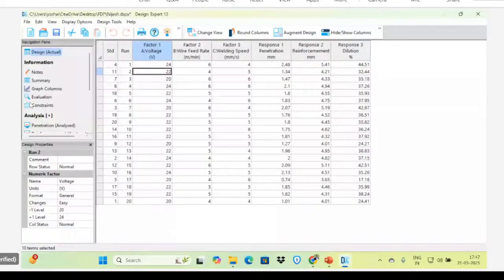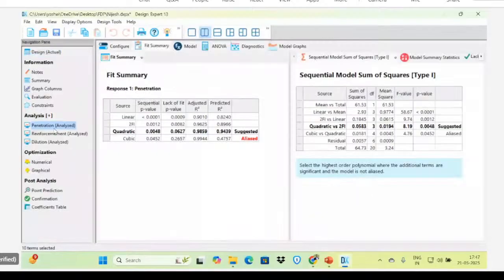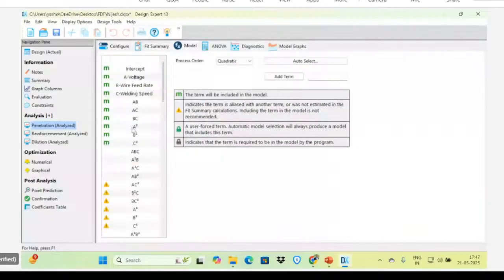So first we have to go to the first factor analysis part. The first response is penetration. Then fit summary. Fit summary should be quadratic. Then model. In the model, everything should be included. Everything means A represents voltage, B represents wire feed rate, C represents welding speed. The combinations of these are also important.